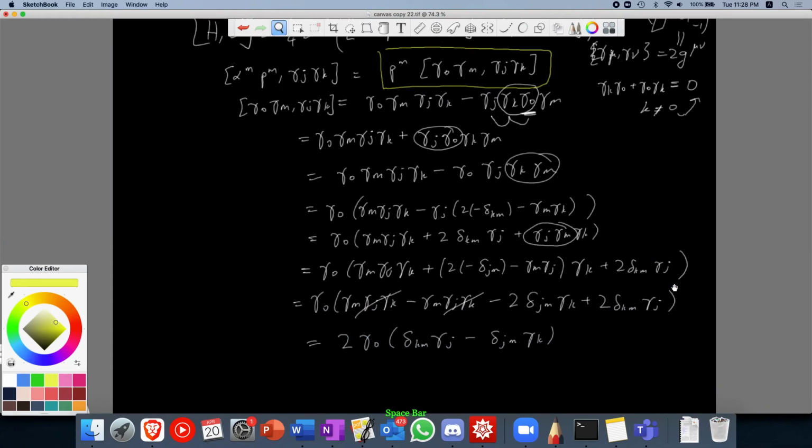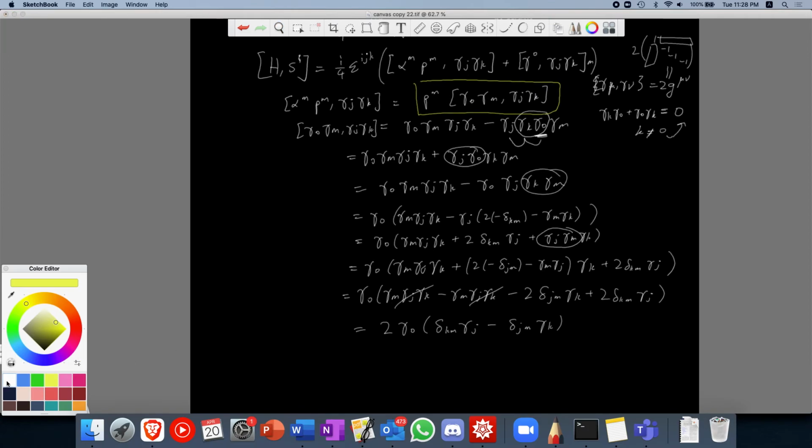Okay, so substituting it back in, we have gamma pm. So this guy will be pm, so it will be i over 4 kronecker delta pm, then this will be 2, so 2 makes this 2.